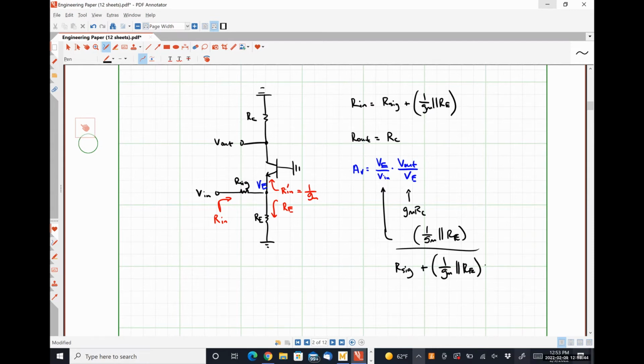All right. So when we multiply those two quantities together, well, it actually doesn't look like I simplified it any further than that. So I'm just going to call it GM RC times R sig plus RE in parallel with GM to the -1 power, and then RE in parallel with GM to the -1 power here.